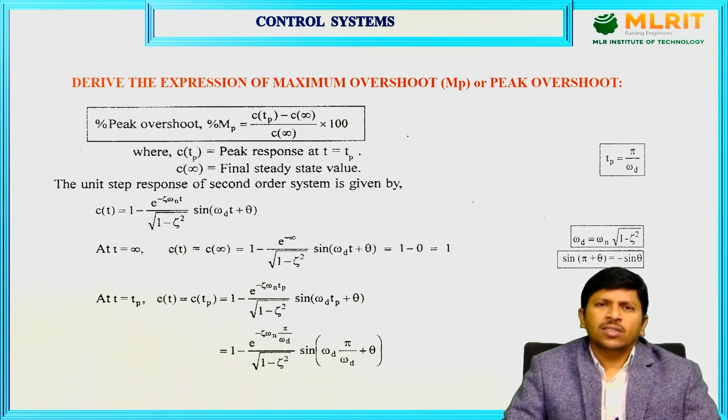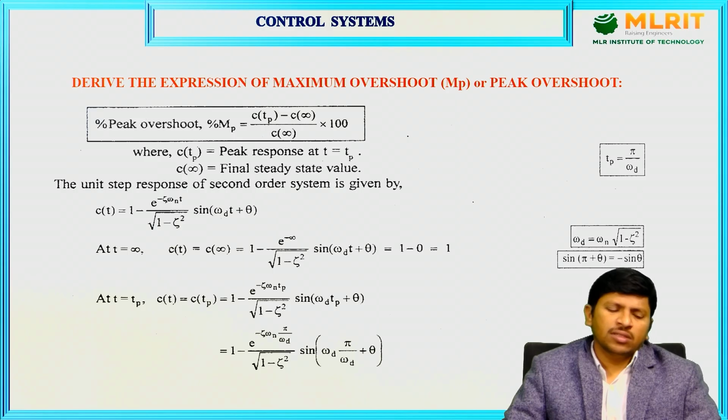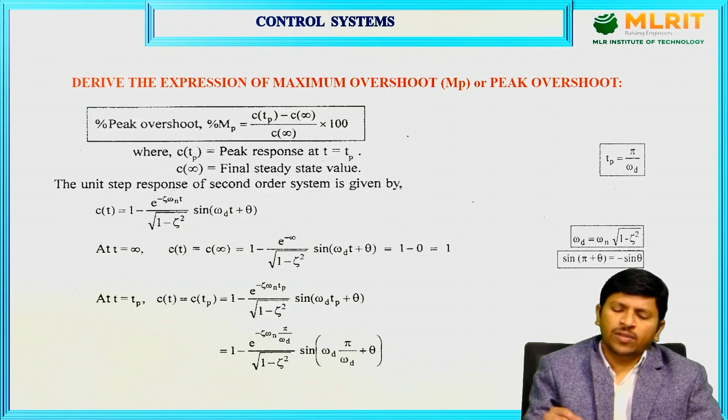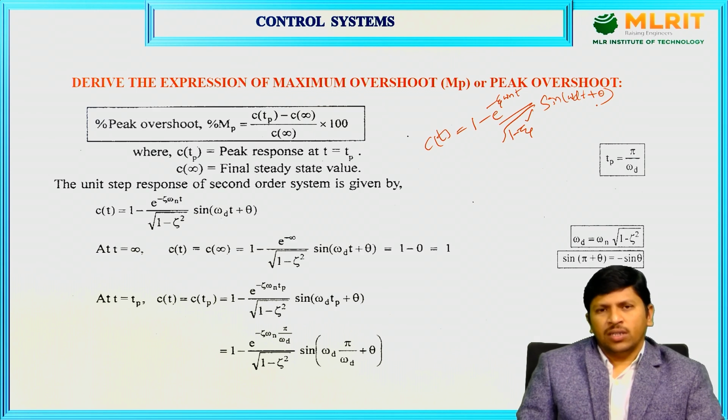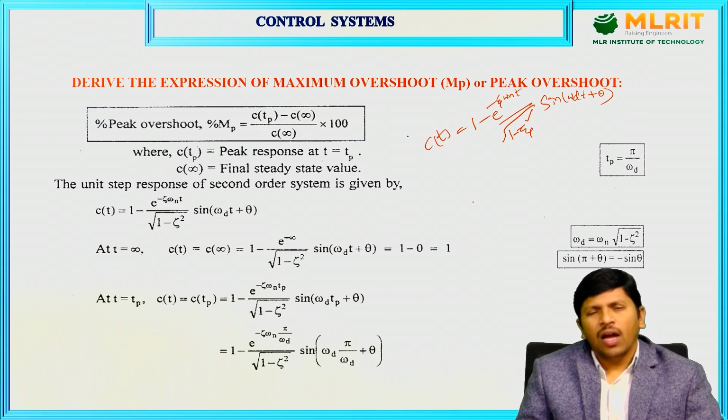We consider the underdamped second order system response, that is c of t equals 1 minus e power of minus zeta omega n t divided by under root 1 minus zeta square, sine of omega d t plus theta. This is the underdamped second order system response.